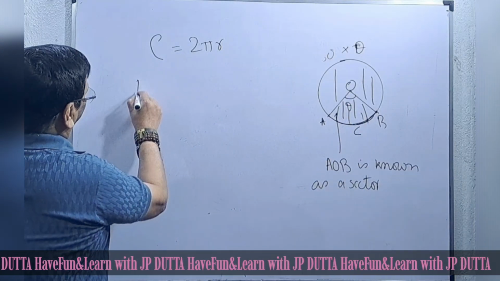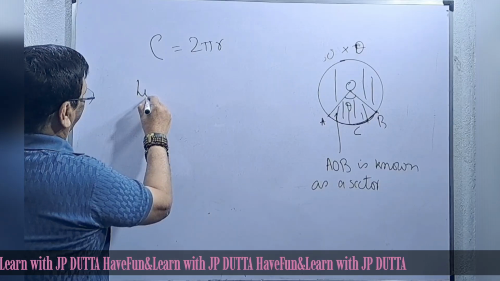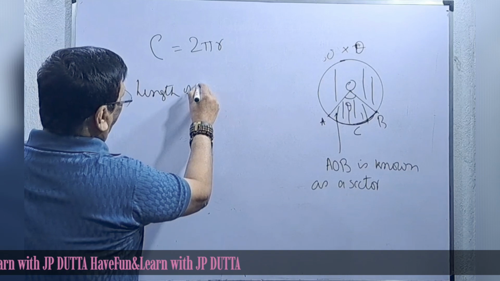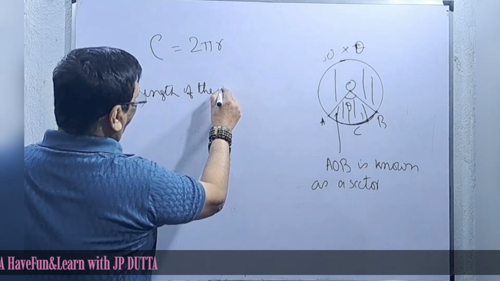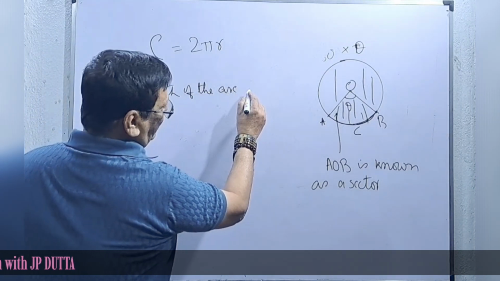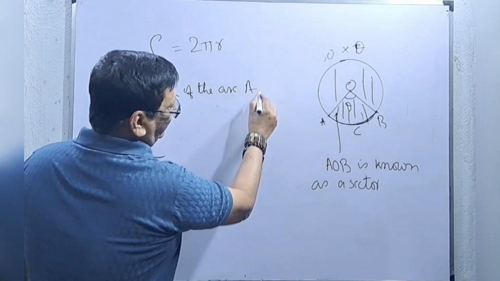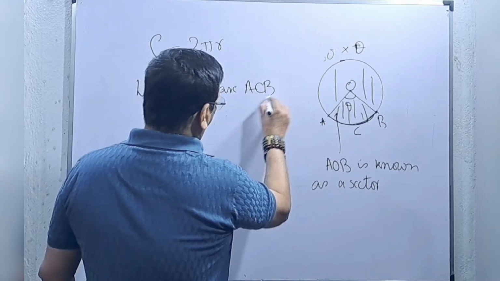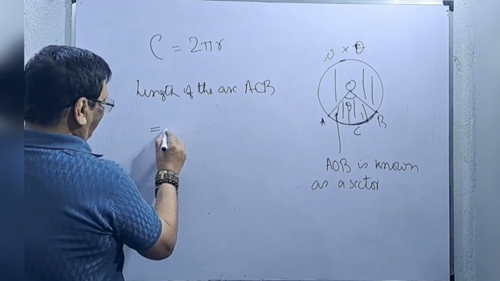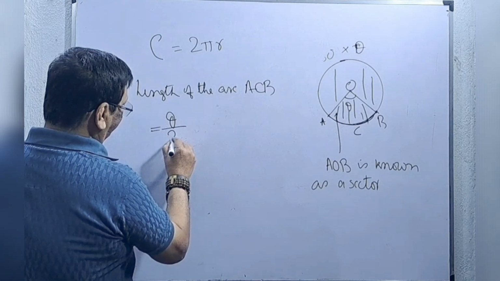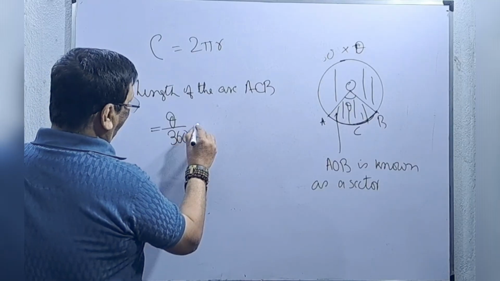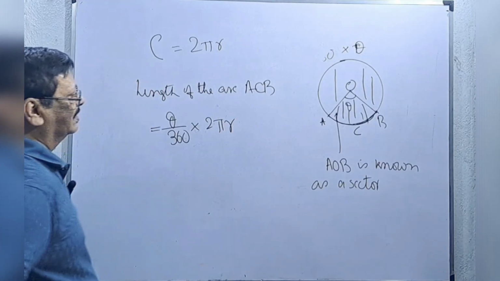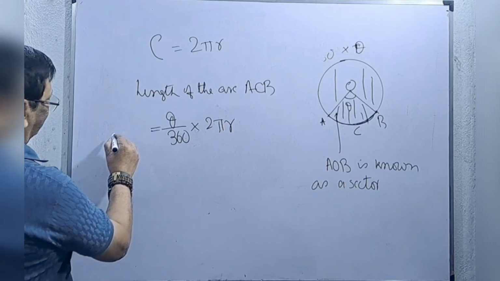The length of the arc ACB will be given by theta by 360 times 2 pi r, right? That is the arc length.